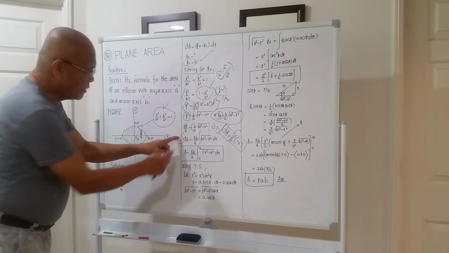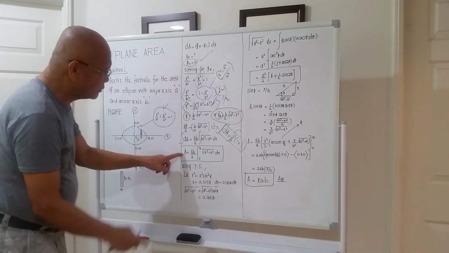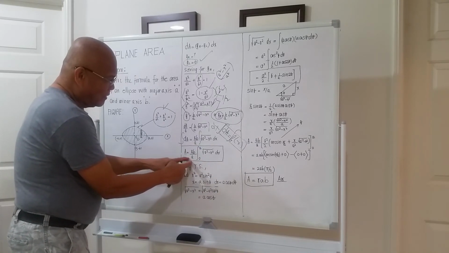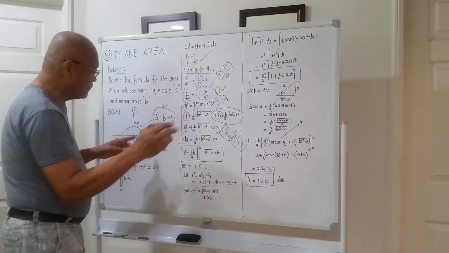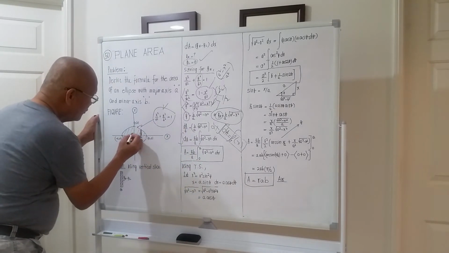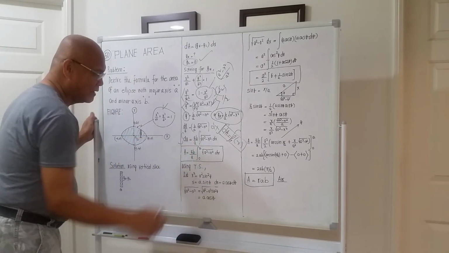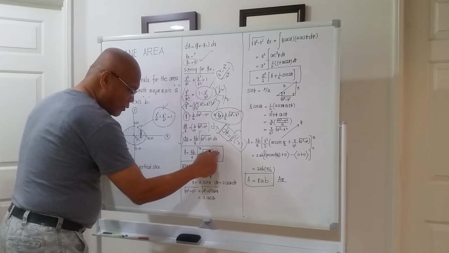The integral of the differential area is just the area, equal to 4b over a, the integral. The value of x moves, for a 1/4 area, from 0 to a. So the limit is 0 to a, the integral of the square root of a square minus x square times dx.